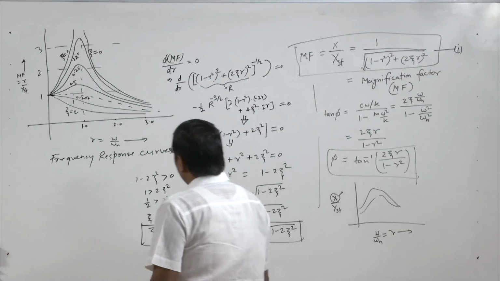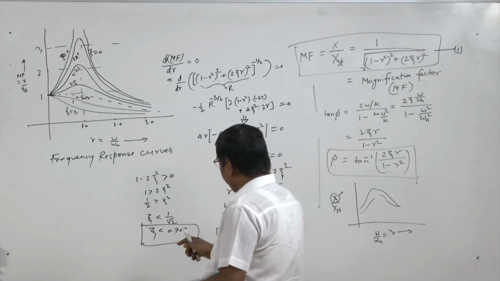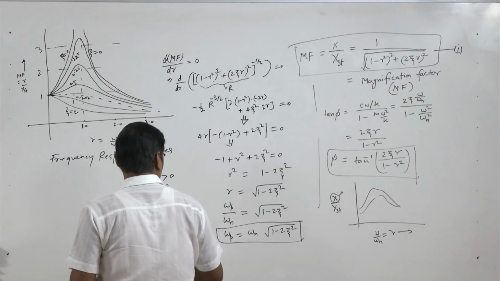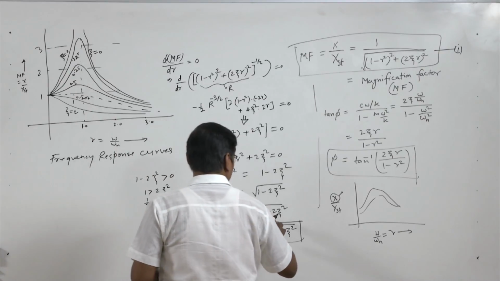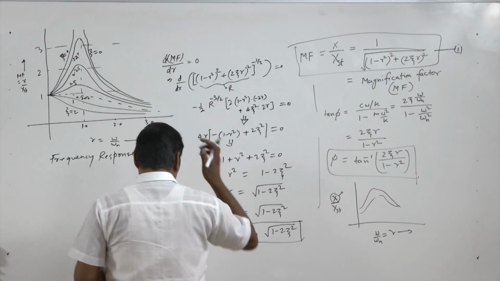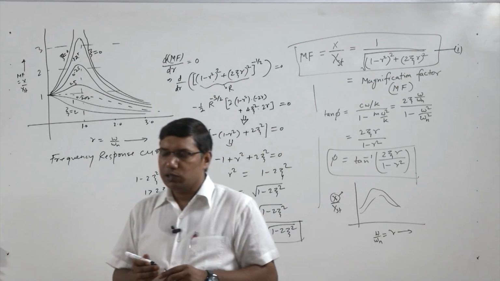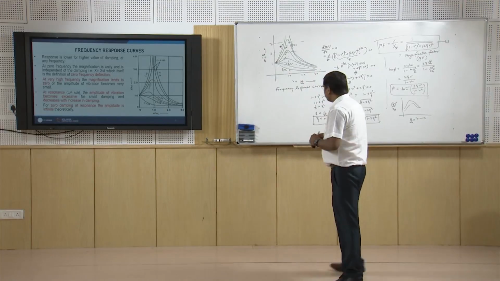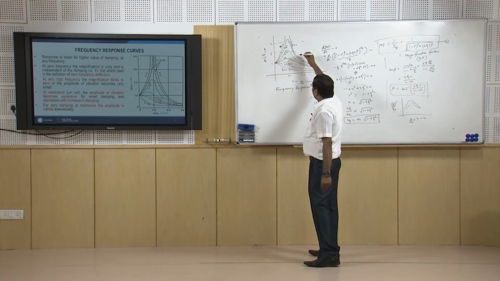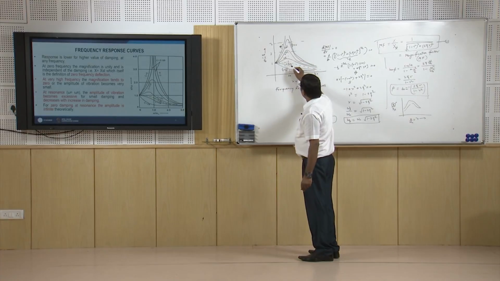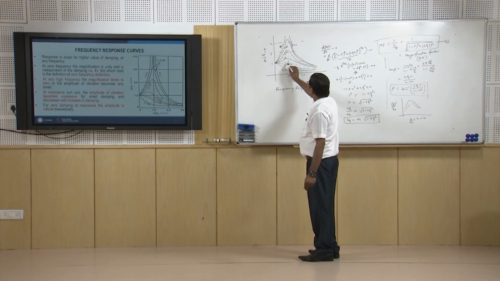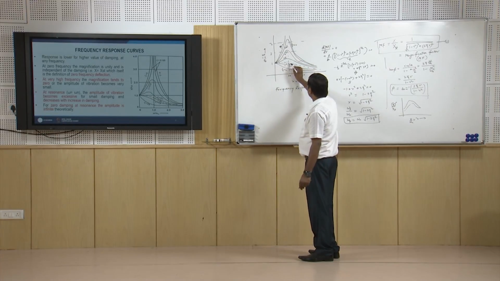So we will get the peak only if our damping is less than 0.707, and this we can see from the curve. We see that this dotted line is the 0.707.